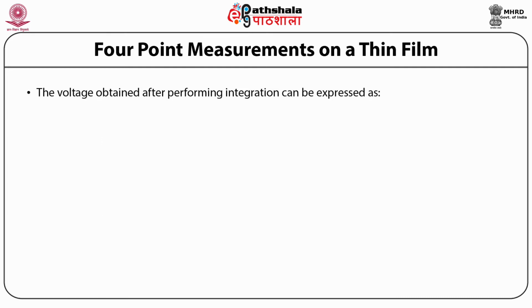The voltage obtained after performing integration can be expressed as V43 = ρI12 / 4πt into (L31 minus L32 minus L41 plus L42).